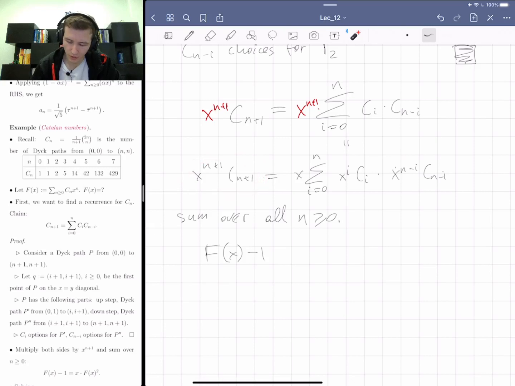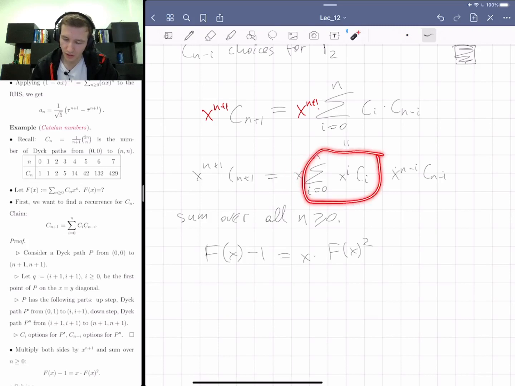If n is 0, then this is going to be x times c_1. On the right-hand side, what I get is x times f of x squared. There is an extra x, but then the rest is I have just literally multiplied f of x by itself.